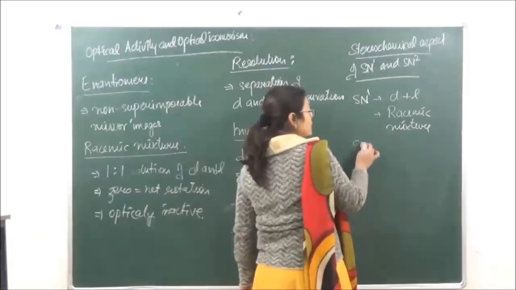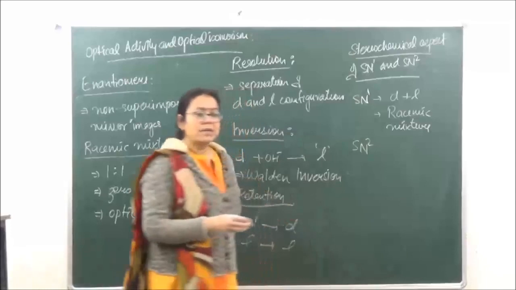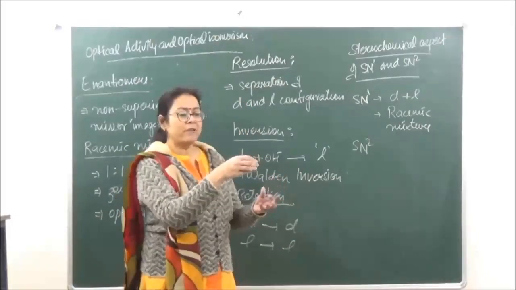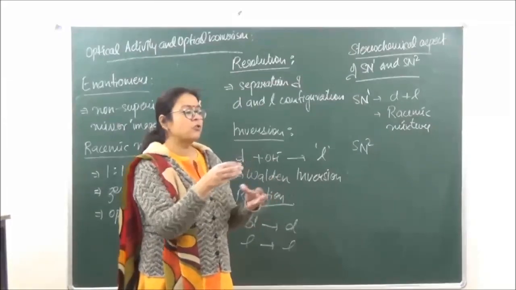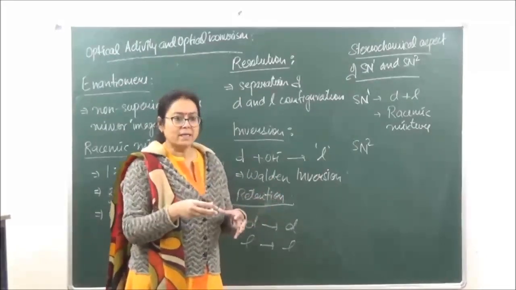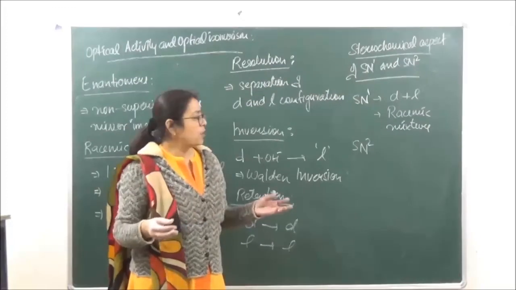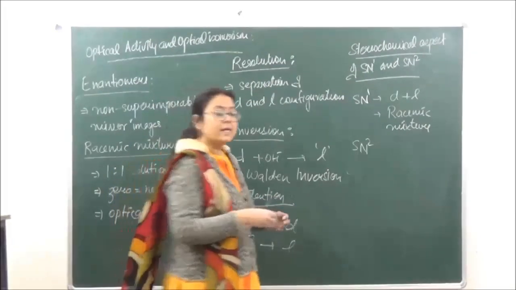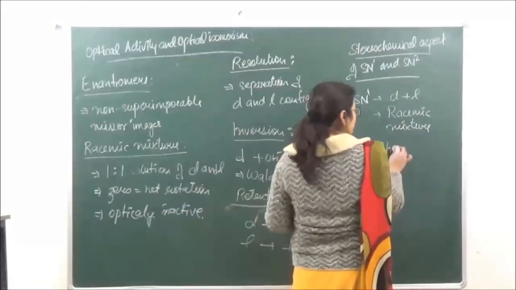Whereas when we are talking of SN2, it is a bimolecular reaction, and you saw that the incoming hydroxyl group was attacking from the backside, isn't it? Now because it was attacking from the backside, this is going to result in inversion of configuration.